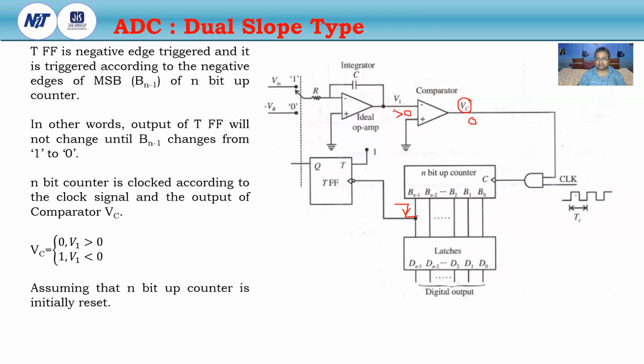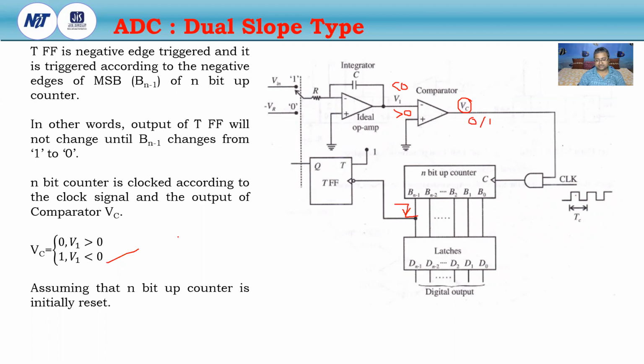So if it is greater than 0, that means a positive voltage, then the output will be 0. When V1 is less than 0, it is negative, then the output of the inverting comparator will be at logic 1. So this is the VC, the comparator output.